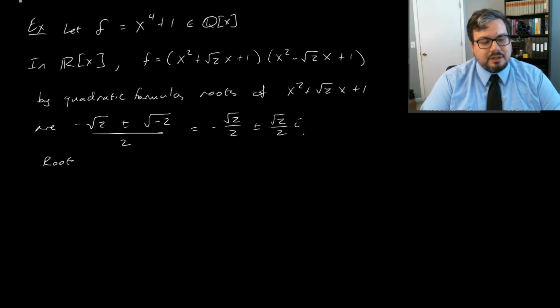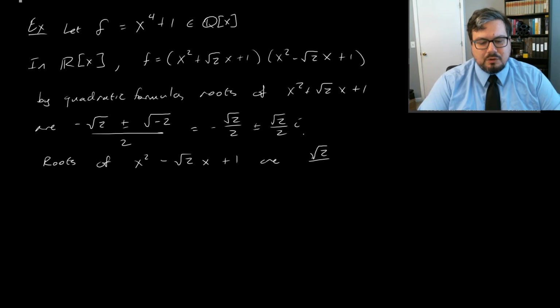And similarly, the roots of x² − √2x + 1 are given by √2/2 plus or minus √2/2 i.